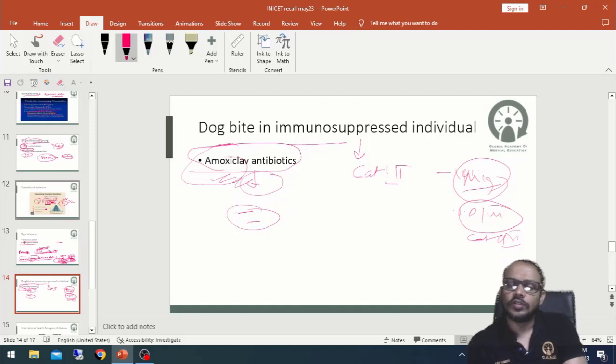In the options, metronidazole and ciprofloxacin were given. In many literature broad spectrum antibiotics are written, but usually amoxiclav, so the preferred option will be amoxiclav.